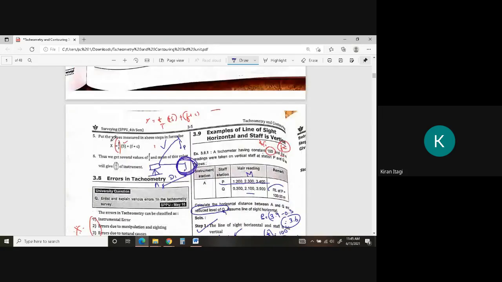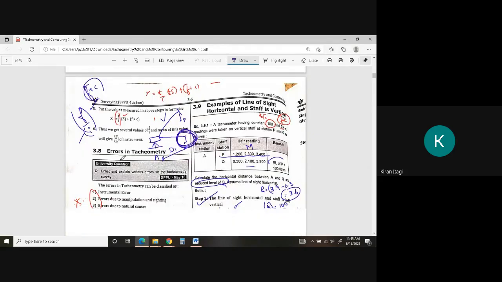Just now I said how you will determine the F upon I value and F plus C: we will form two equations, and on equating them we will calculate F upon I and F plus C. He says to determine the constants of the tachometer, the multiplying constant and the additive constant. I will call this one P and this one Q. He has given the readings: bottom, middle, top.